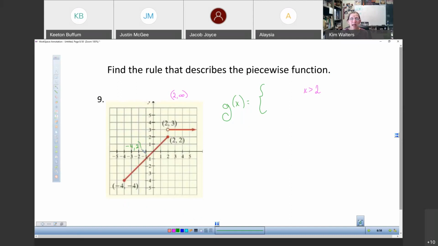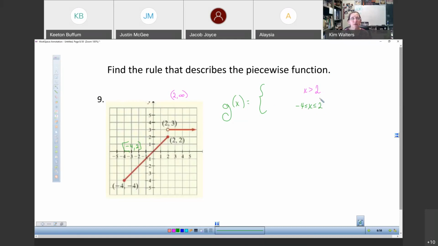And I'm going to have square brackets on both ends because they both have a closed circle. Now, how do I translate that into my inequality notation? I always start on the smallest one, just like I do with the interval, and I'm going to go -4 is less than or equal to x is less than or equal to 2, okay? So this is what the restriction part of my piecewise function looks like, okay?